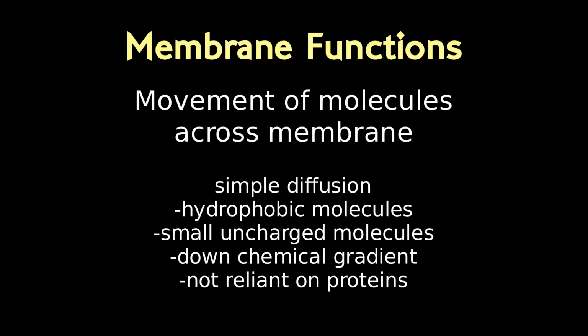In net, it's not going to go from lower to higher concentration. In truth, you might have one stray molecule going across here and there, but the net movement is always going to be from higher concentration to lower concentration. That's down the chemical gradient. We have a difference in concentration, and so it moves from high to low. Does that make sense?